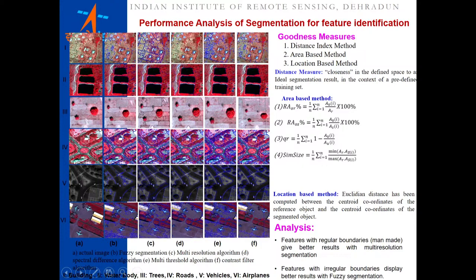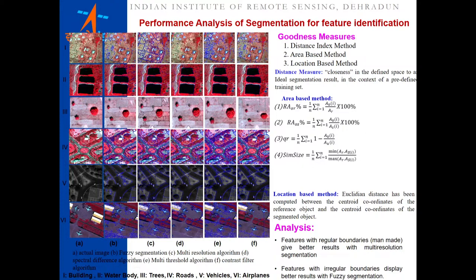The first set gives you the actual FCC, and these are the outputs for the fuzzy segmentation. This is for the multi-resolution segmentation. Then spectral difference based algorithms, the multi-threshold algorithm and contrast filter algorithm. These were the algorithms that were attempted, and some 5 or 6 object features were done.